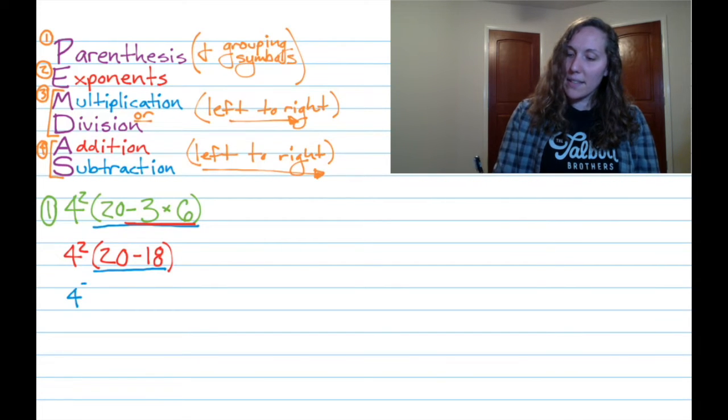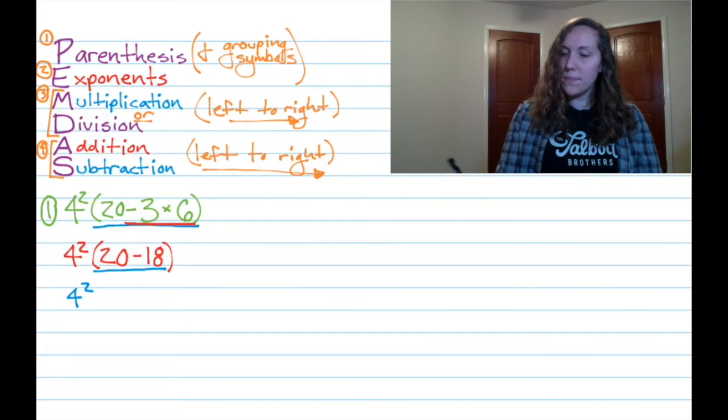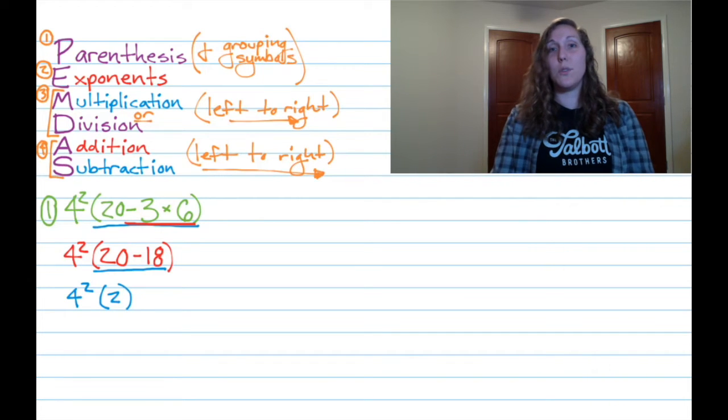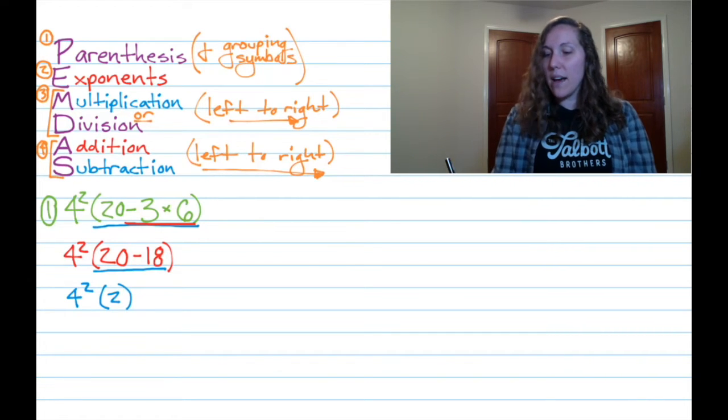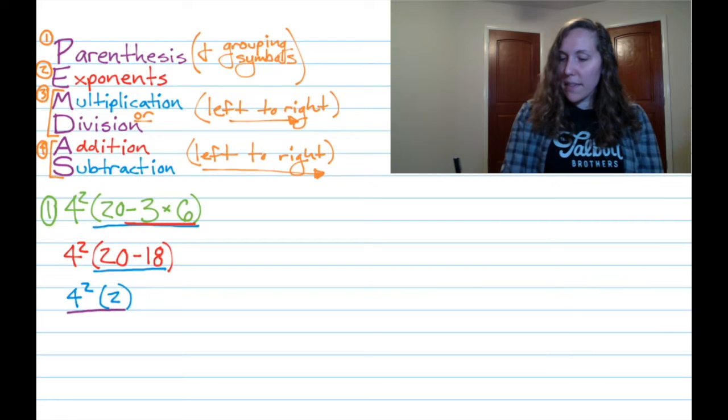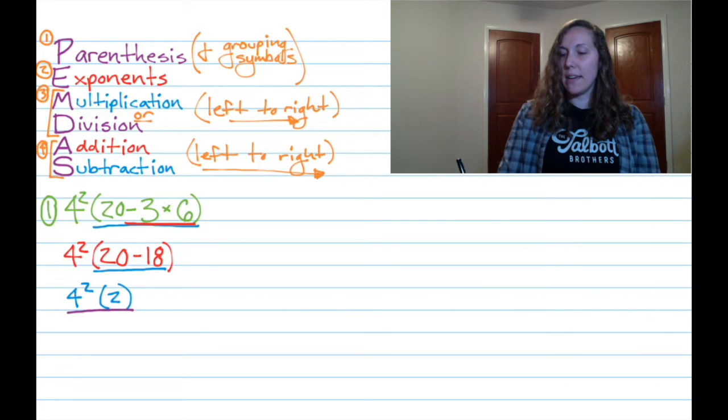20 minus 18 is 2. I am still going to keep my answer in those parentheses, even though there's nothing left to do inside of there, because by keeping that 2 inside of the parentheses, it's reminding me that I have to multiply it by this 4 squared.